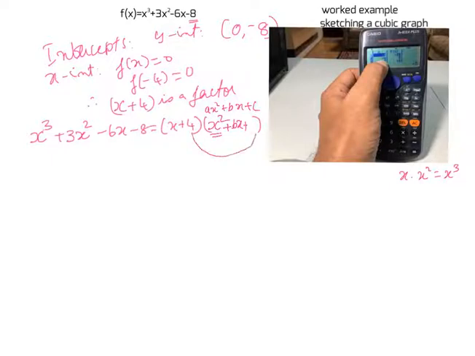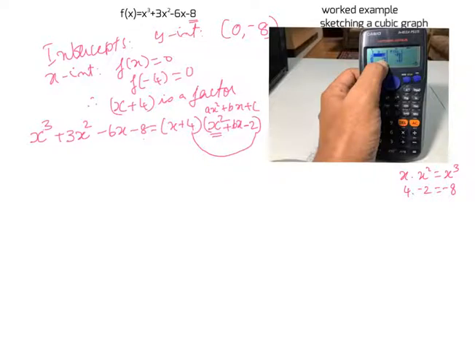The constant times the constant must give me the constant, right? Therefore, 4 times negative 2 will give me negative 8. So I'll put negative 2. I hope it is clear. So 4 times negative 2 will give me negative 8. So I'm left with only finding the value of b.